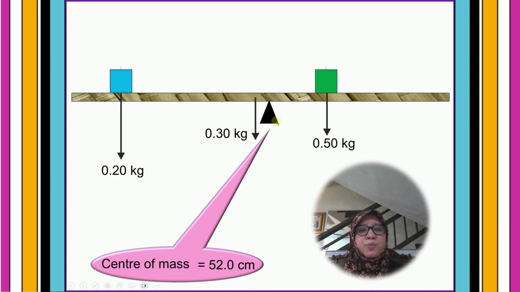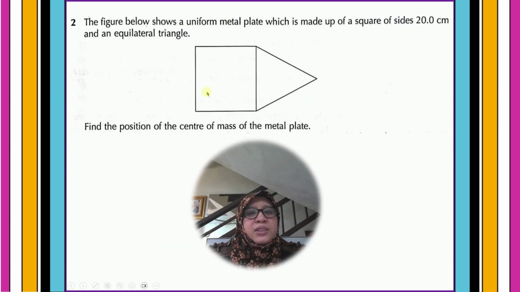If we put a fulcrum at the 52 centimeter mark of the ruler, both objects can be balanced, and the ruler will be horizontal. Then we go to the next question.